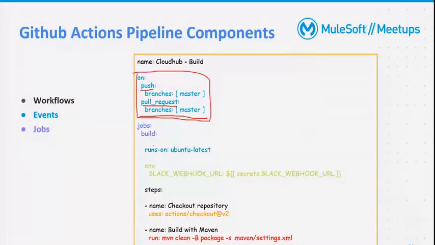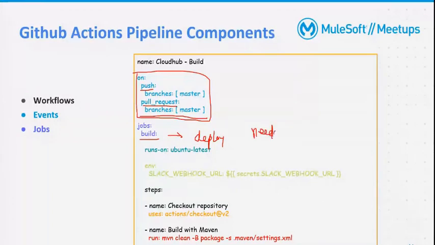Then we have jobs. Here you can define a build job, deploy job, test job, all those different kinds of jobs. By default, all the jobs run in parallel. If you want deploy to be triggered only after build has succeeded, say there is a deploy job here, then you can use the keyword needs colon.